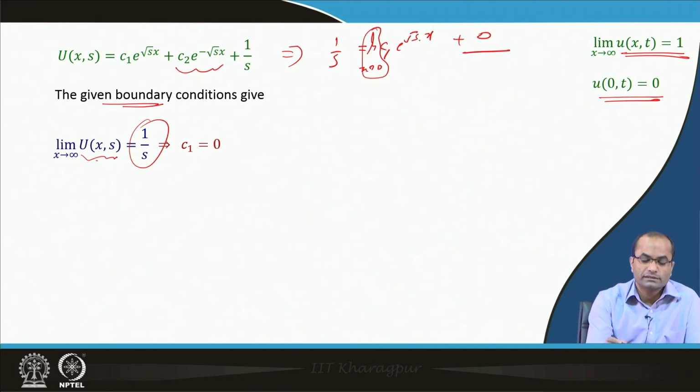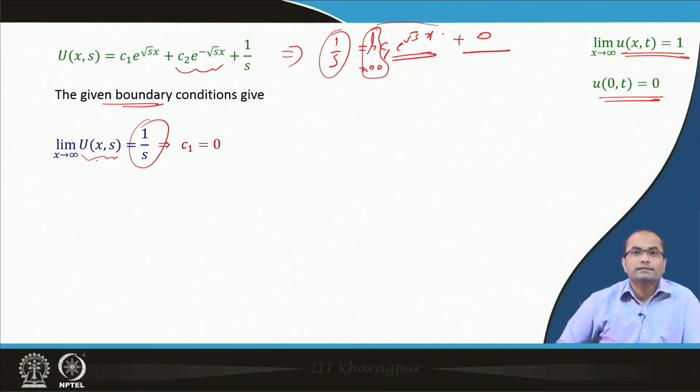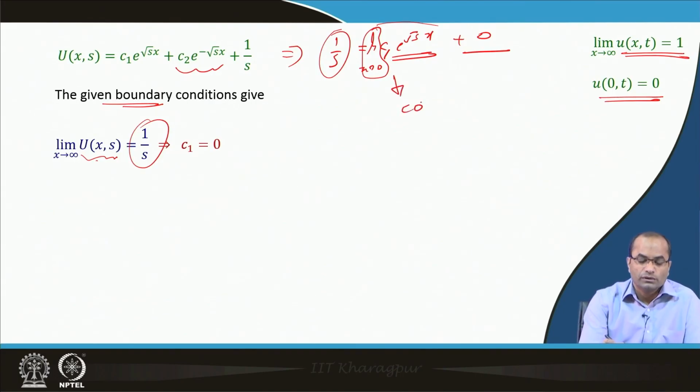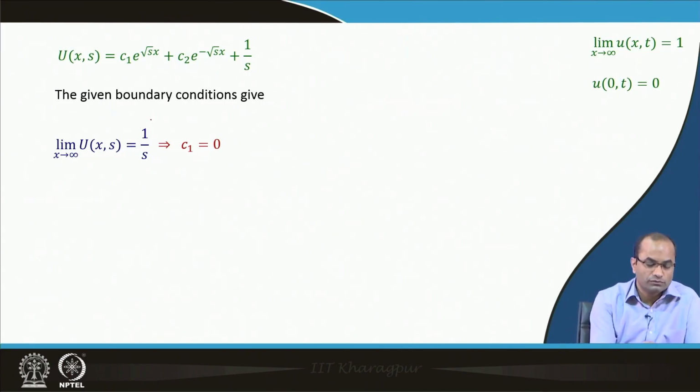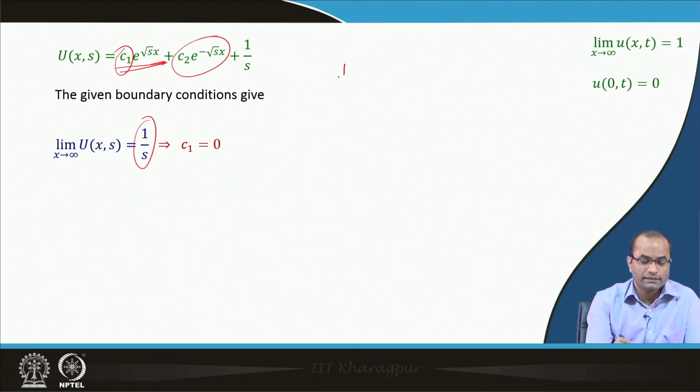To have the existence of this as equal to 1 over s, with the term c 1 e power square root s x, this is possible only when c 1 is 0. Otherwise this positive power of the exponential will take this term to infinity. The second term is naturally 0 there, and the left hand side is 1 over s.